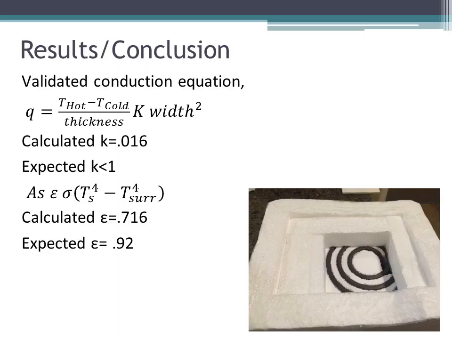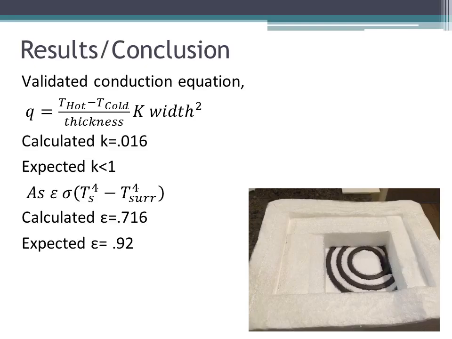The results of this lab supported the conduction equation by giving a thermal conductivity close to an expected value. We looked up different values, specifically under masonry materials in the back of the book, and they all were generally below 1, so we were happy with our calculated K value of 0.016.